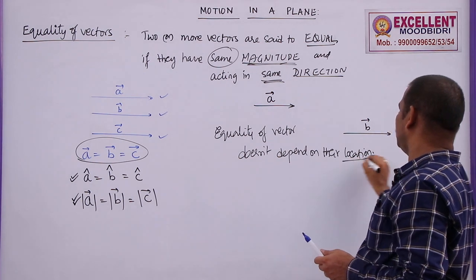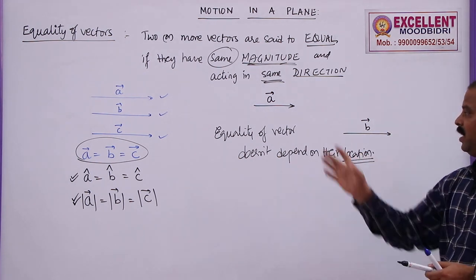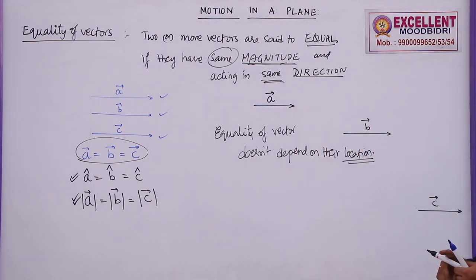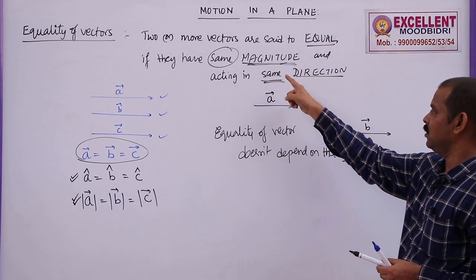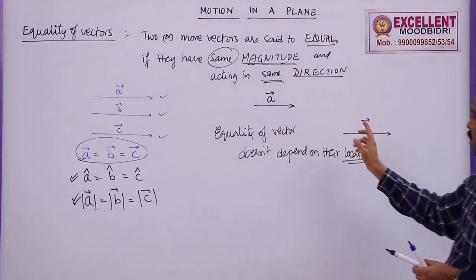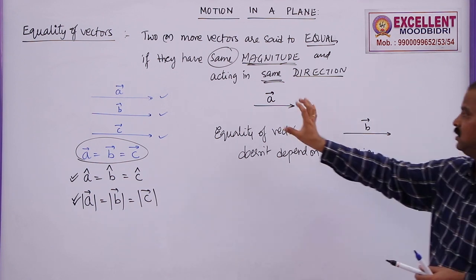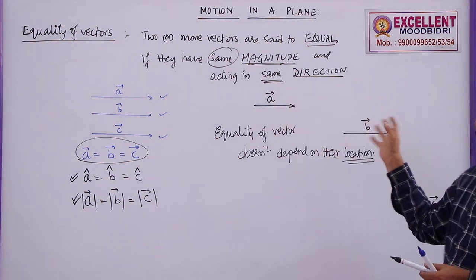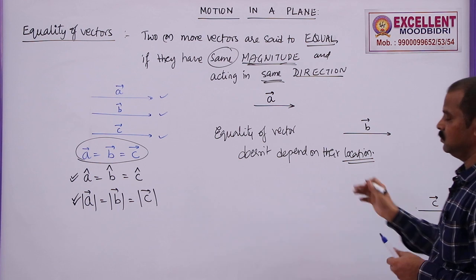Irrespective of their locations, vectors can be said to be equal if they have the same magnitude and the same direction. Here A, B, C are equal vectors. Why? Because they have the same magnitude and act in the same direction.